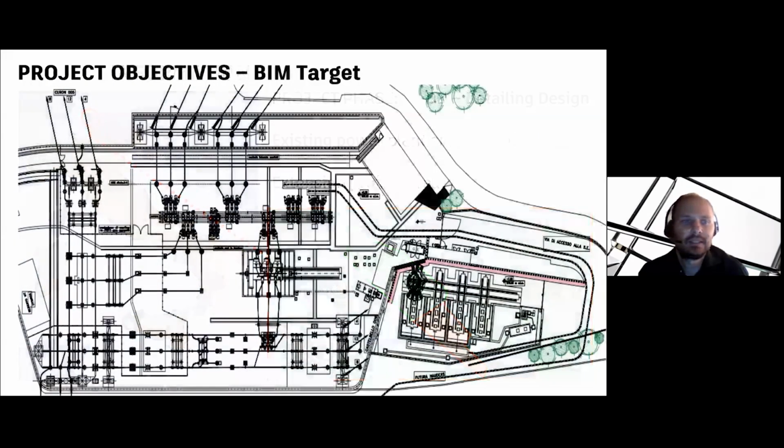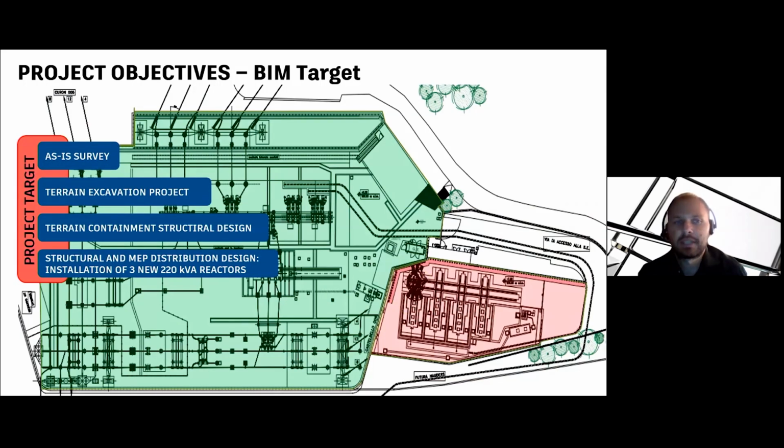And this is the general master plan. On the left, with the green area, we can see the existing electromechanical power plant, and on the right, with the red color, the extension of the new area that will be assigned for the installation of the 3 new reactors. So what are the main targets from the client for this kind of project?